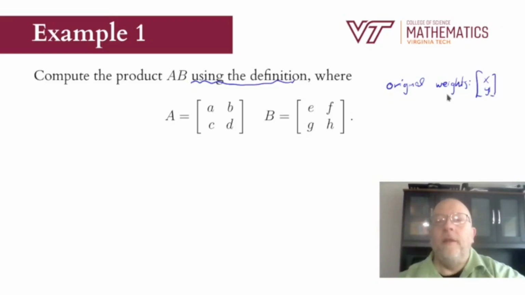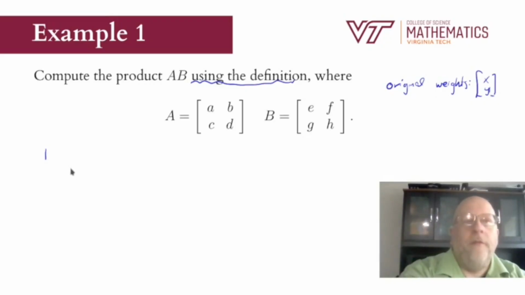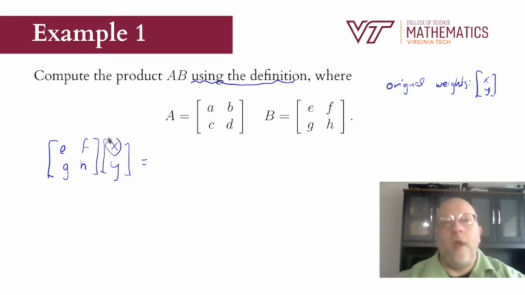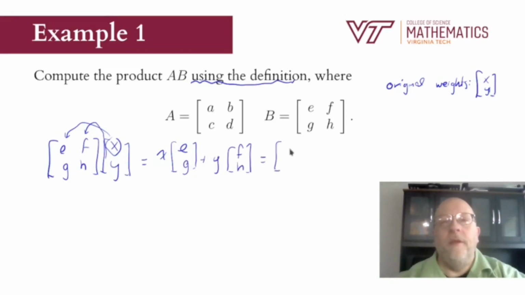All right. Then B times those weights. Let's just write this out. B is E, F, G, H times the original weights X, Y. We know how to do this. The first weight goes with the column E, G, and the second weight goes with the column F, H. So we get X times E, G plus Y times F, H. And that's EX, GX plus FY, HY.